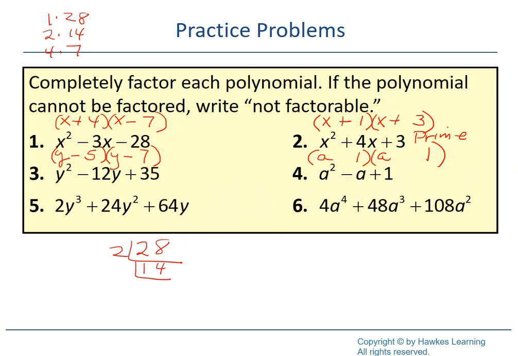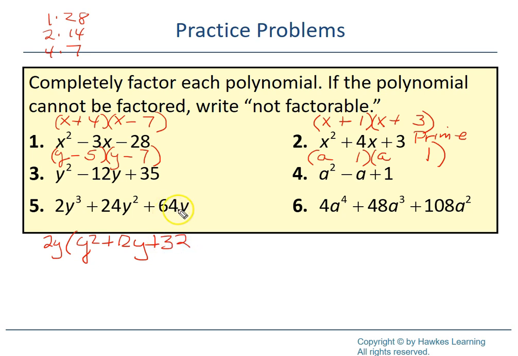Now, for this next one, we need to take out a 2y from each one. So this will give us y squared plus 12y plus 32.